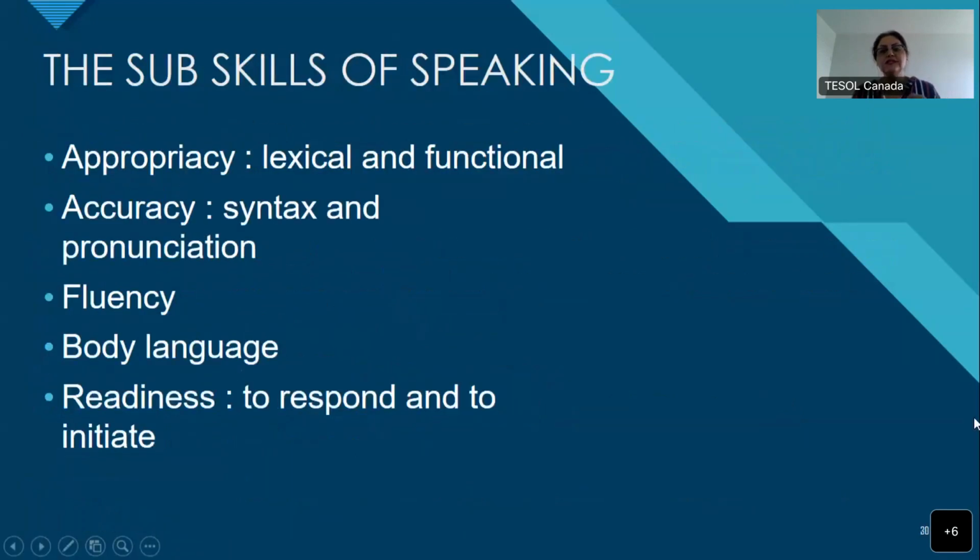Well, what about the sub skills of speaking? Accuracy and fluency are the main ones. What's the difference between fluency and accuracy?